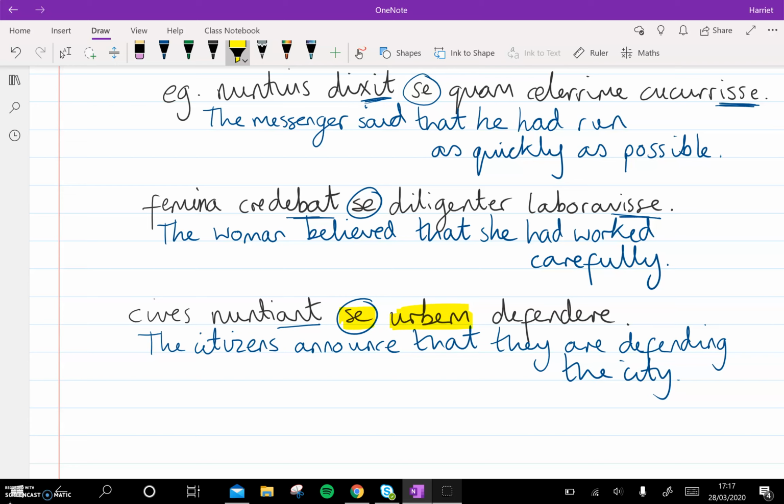So you put in your that, so the citizens announced that, and then you think, which accusative is my subject here, because there's two different ones. Firstly, it makes sense that it's they are defending the city rather than the city is defending them, although that's not totally bizarre. So the rule is whichever accusative comes first, that's the one you translate as the subject, and then the second accusative you translate just like a normal accusative object.